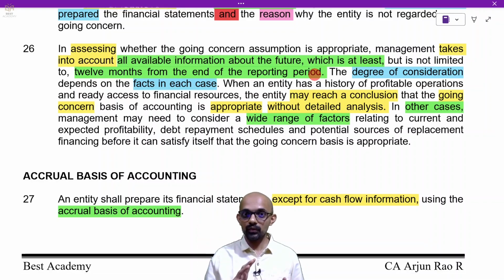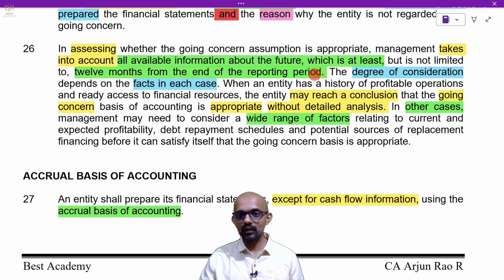So, say a government notification has come that 1 year from now they are going to impose certain kinds of taxes, and that may affect us. So, that may affect our ability to continue as a going concern. So, we consider such information also when determining whether the going concern assumption is appropriate.